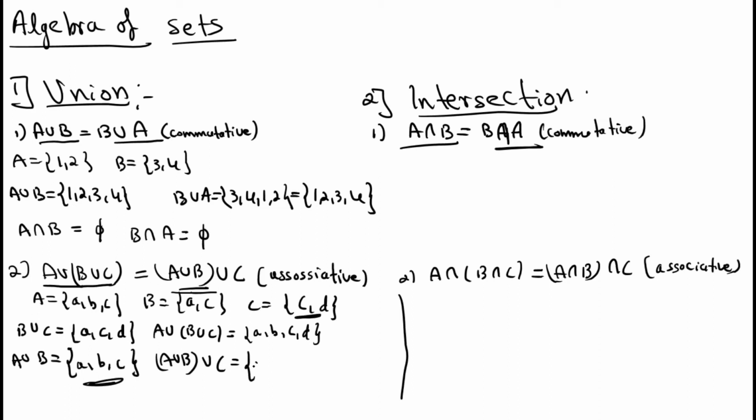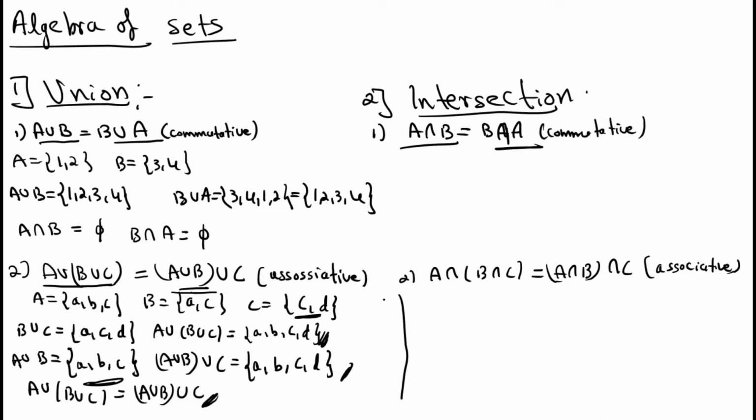What you will get? {a, b, c, d}, right? Check the left hand side and right hand side: {a, b, c, d}, {a, b, c, d}. So you can write it as A union (B union C) is equal to (A union B) union C. This is the associative property for union.